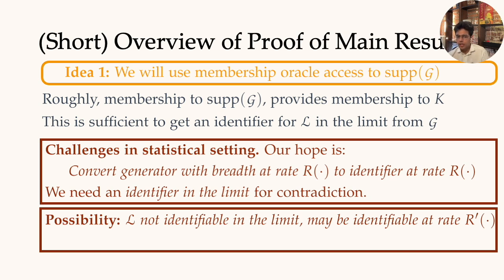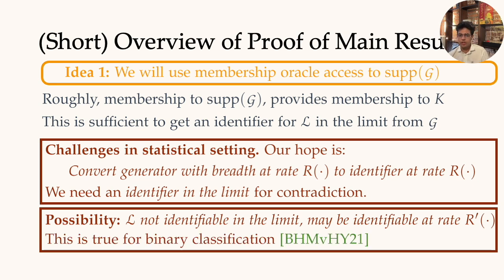It's possible that there is a language collection that is not identifiable in the limit, but nevertheless, in the statistical setting, becomes identifiable at some very, very slow rate R. This is not an entirely hypothetical example because it's true in binary classification, where there are many classes which are not learnable in the online model, but become learnable in this statistical universal rates model.